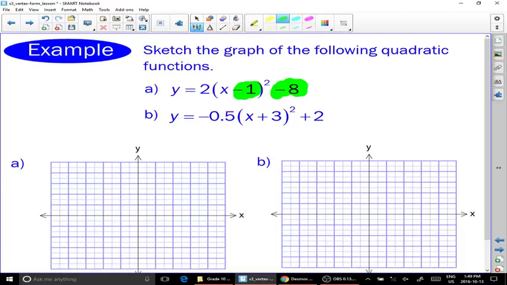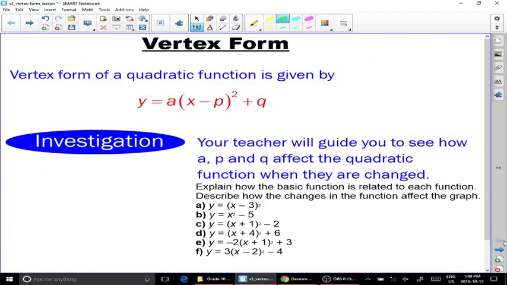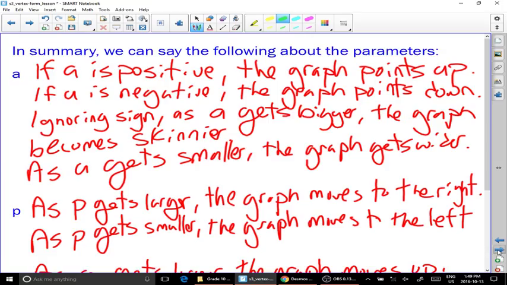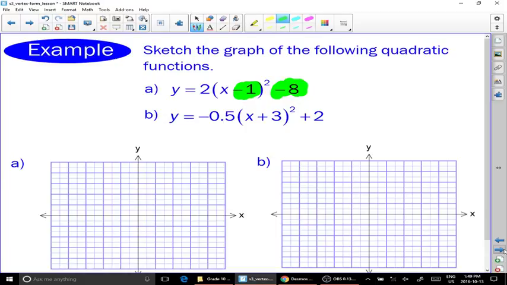In vertex form it is x minus p, so whatever number's in brackets, we have to take the opposite sign. What's in brackets here is -1, so that means +1, and this number, just as it is, -8, represents the vertex of that graph. The vertex of that graph is (1, -8). Now, in which way is that graph pointing? Up or down?